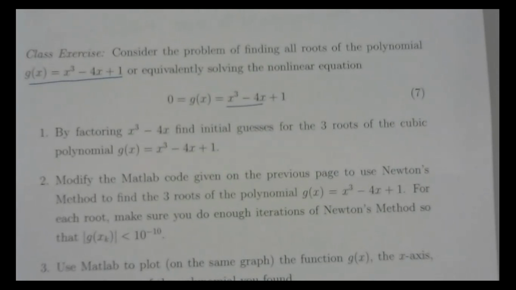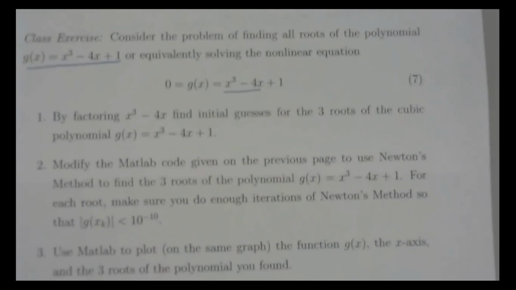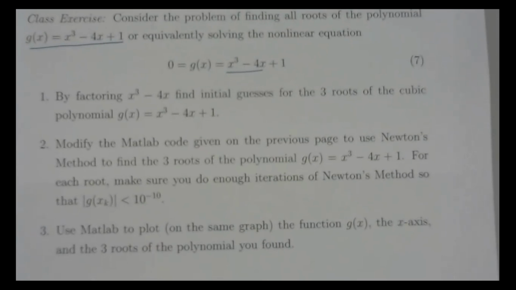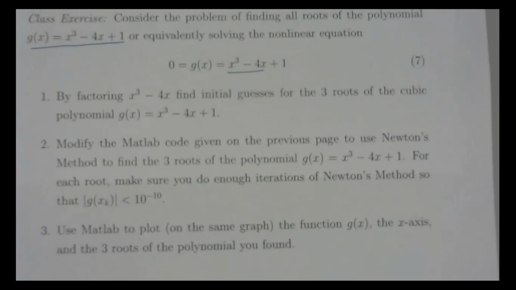And then make sure that we do enough iterations so that we get the g of x k sufficiently close to the root, so less than 10 to the minus 10, doesn't have to be machine 0. And then we'll plot the function, and we'll plot the roots, and we'll see if they look like they're correct.